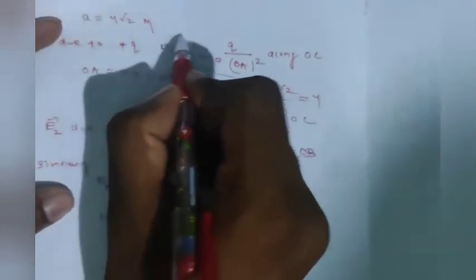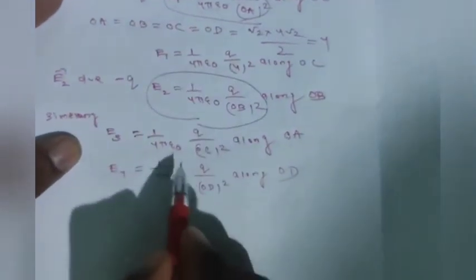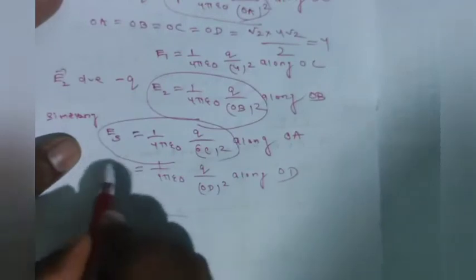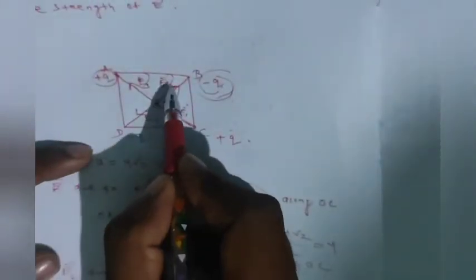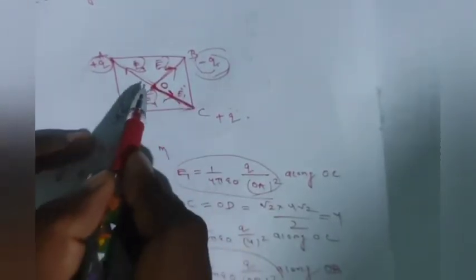See, this electric field E1, E2, E3 and E4 all have the same magnitude, but they are directed along different directions. E1 is directed along OC and E3 along OA.